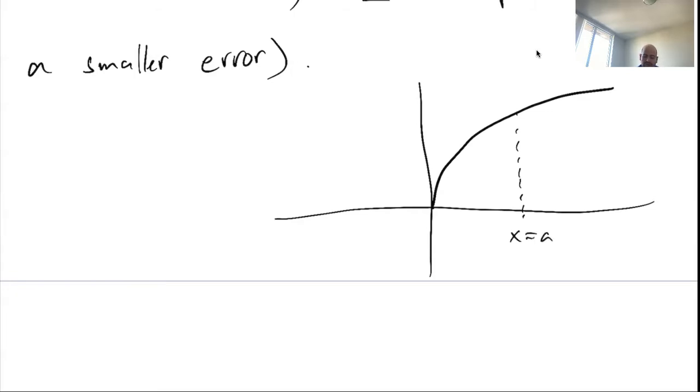Now, f of a is the simplest type of approximation, but if you want to have a better approximation, what would you use? See, this red line is close to the black curve, but can you consider another type of line which is closer to the black curve compared to this red line?